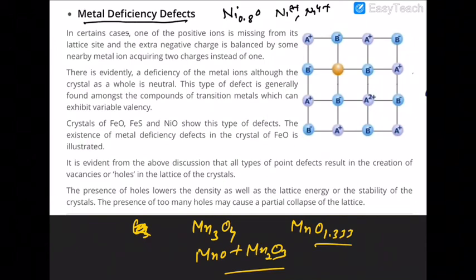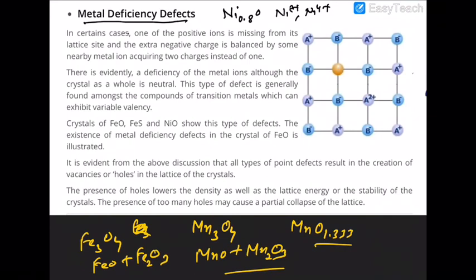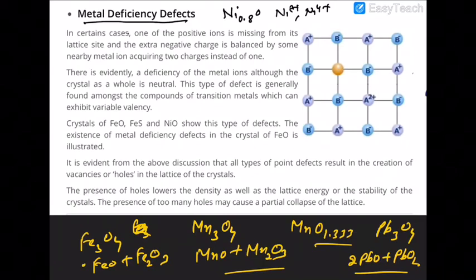So these types of compounds, similarly, you have Fe3O4, which is a combination of FeO plus Fe2O3. Are you getting that? Similarly, we have Pb3O4. So it is 2 PbO plus PbO2. These are all metal deficiency compounds. In certain cases, one of the positive ions is missing from the lattice.